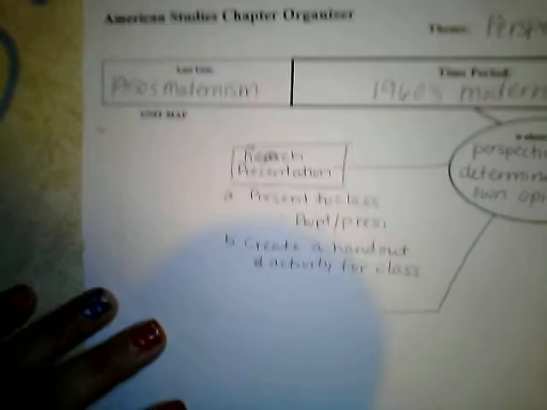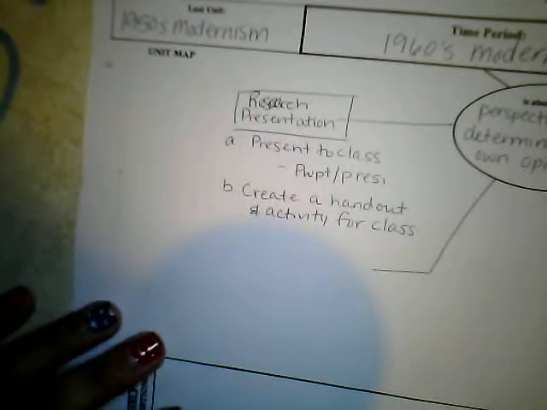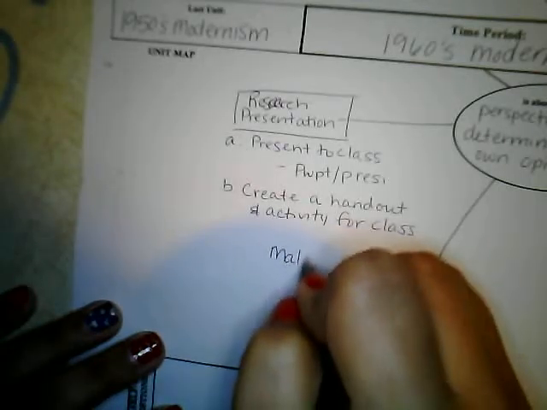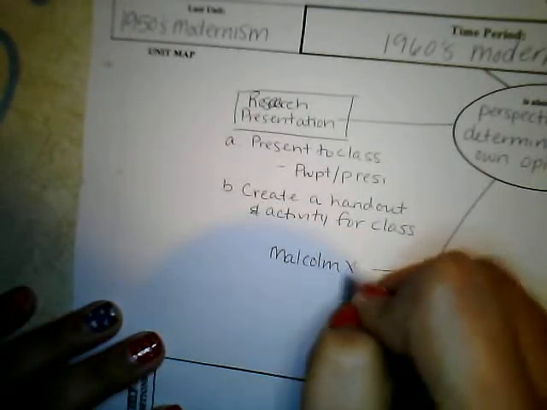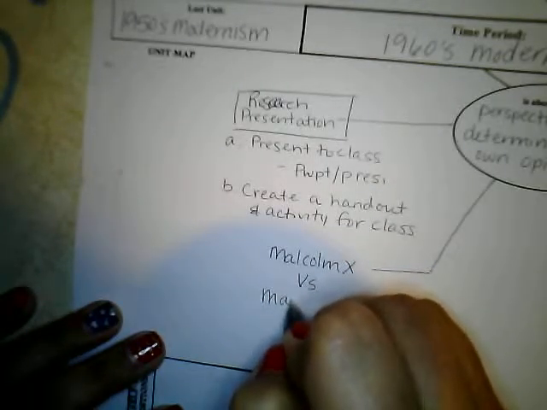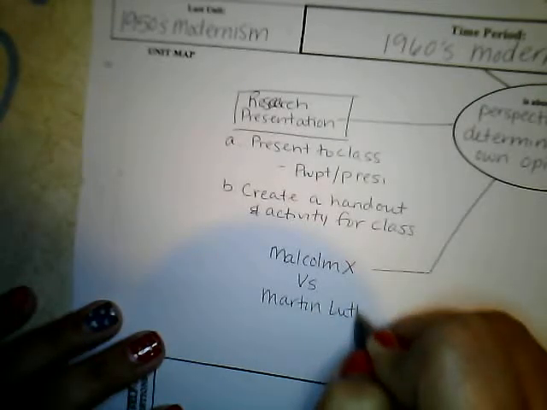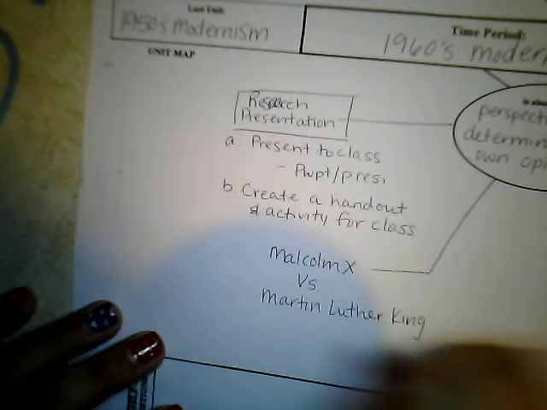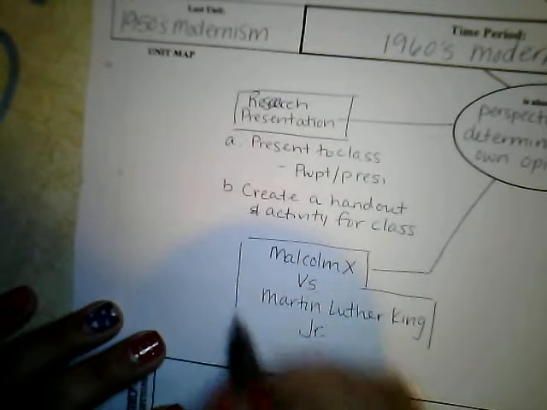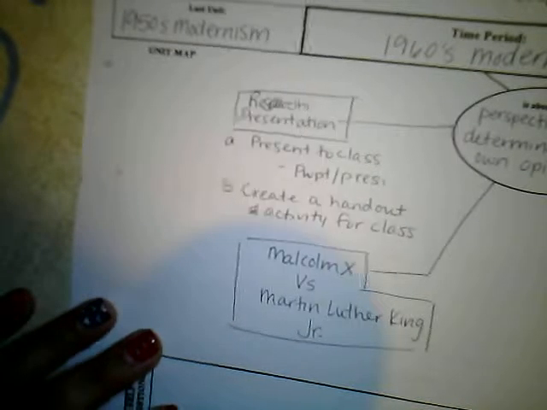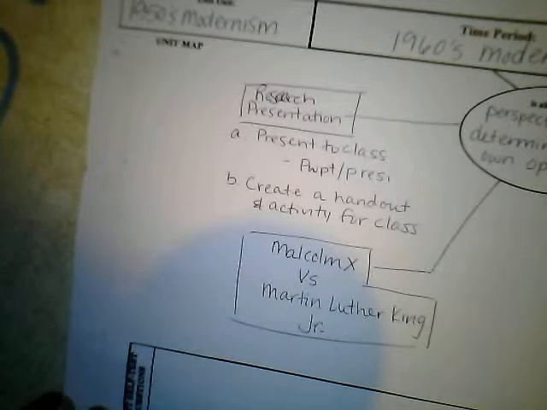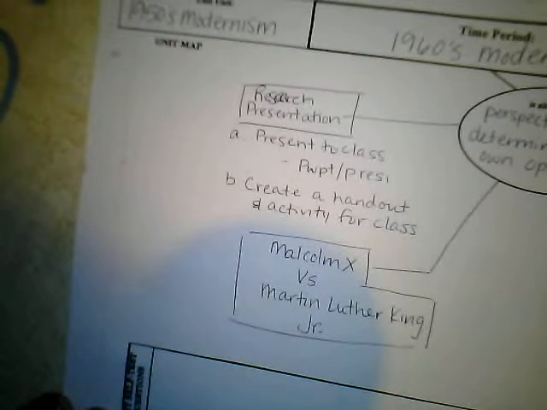Our second box, which is what we're going to focus on for the lesson for tomorrow, so you guys are ready for it, is going to be a document where we discuss Malcolm X versus Martin Luther King Jr. And here we're actually going to have a document where it gives us two sides to the story about how we go about having equal rights for all people within the 1960s and the early 70s.